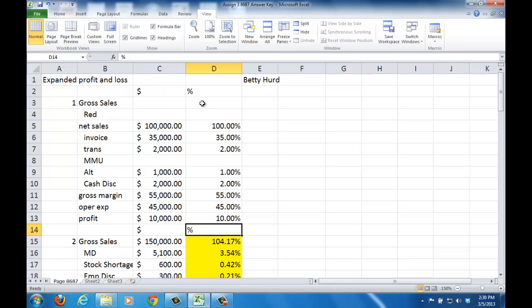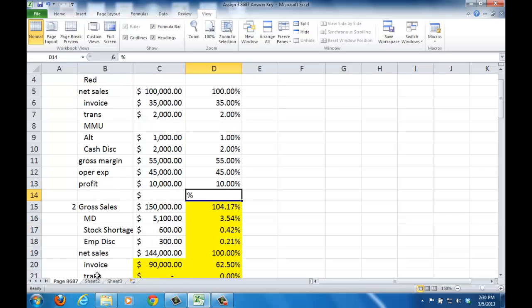Gross sales are everything we ring into the register before we take reductions and markdowns, before stock shortages, and before we apply employee discounts. So if we had a car and it was $150,000, that's what we'd bring into the register.